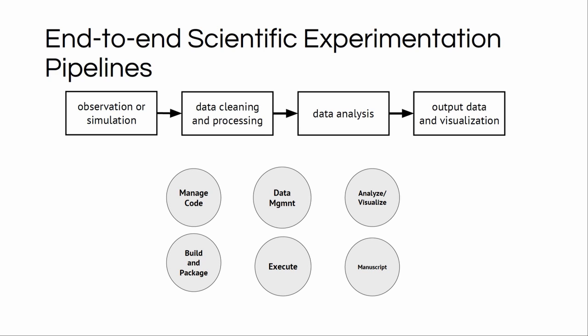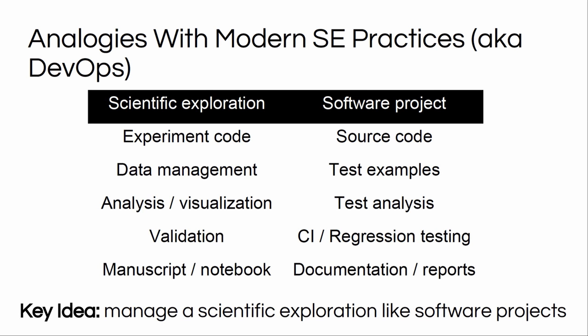If we compare this to what people do in industry, in open source software development and DevOps communities, and in software engineering in general, we see a one-to-one mapping between what we do as scientists when we're exploring a new scientific question and what they do.